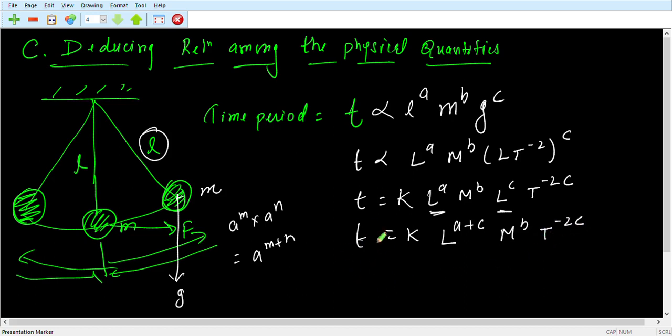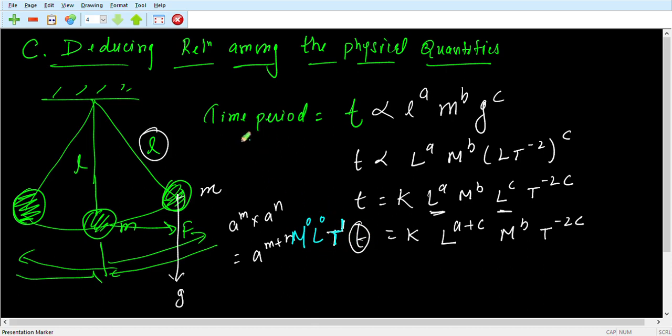On the left hand side, you can see this is time, so in place of time you can say T to the power 1. If you want to write the expression with the fundamental quantities, you can write M to the power 0, L to the power 0 and T to the power 1 on the left hand side to show the dimensional formula of time.